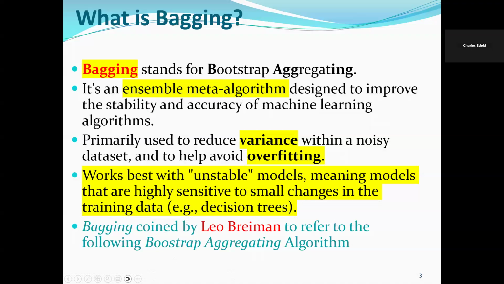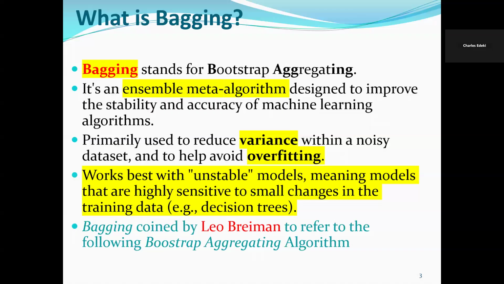The concept of bagging was coined by Leo Breiman to refer to the bootstrap aggregating algorithm. In statistics, the concept here means we take a sample with replacement. We'll talk about that as time goes on. So again, bagging stands for bootstrap aggregating.